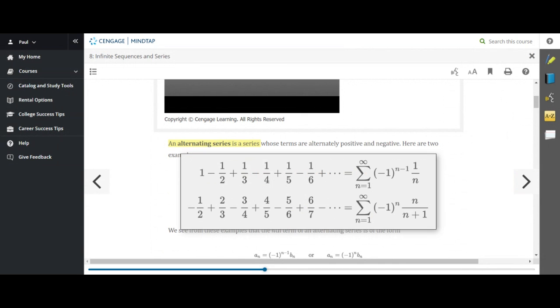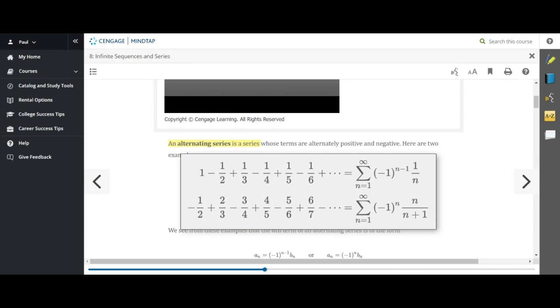But the terms go positive, negative, positive, negative, positive, negative, and so forth. And so you need the -1 to the n minus first power so that you can get that behavior. The second series as well is an alternating series.